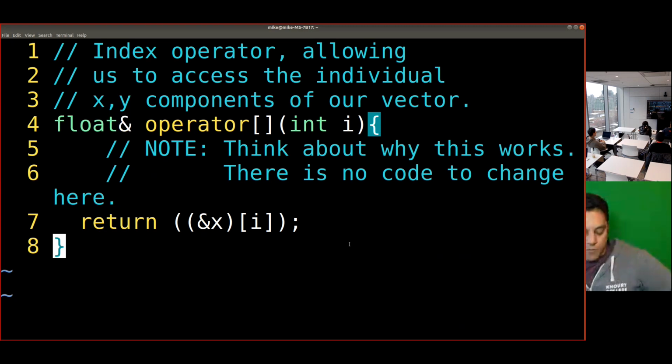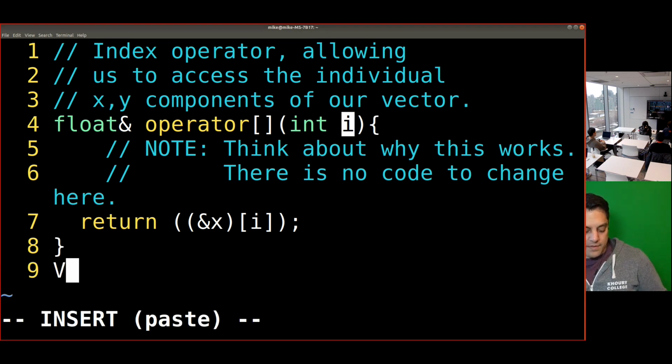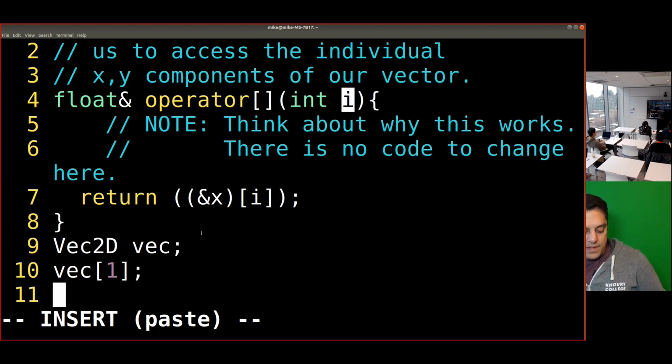If I offset with a 1 here, so let's just pretend that I use my vec2d, I create some vector here, and I do vec at 1, something like that. Well, my offset is now 4 bytes, the size of one integer. And that will retrieve me y. Okay, that's what it's equivalent to.